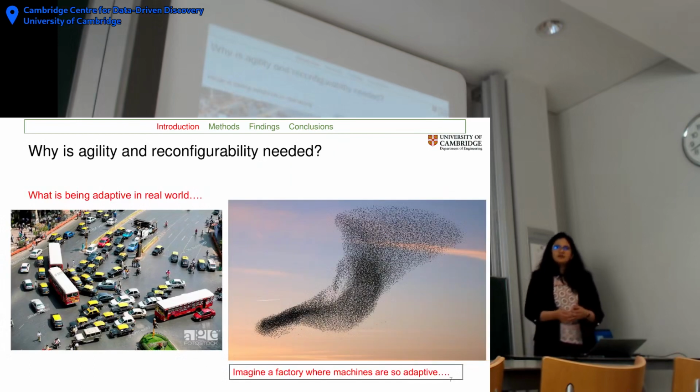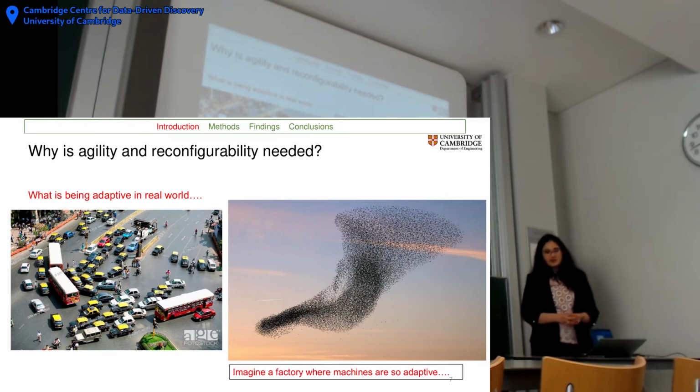Coming to the agility part of it, why do we need this sort of flexibility and preparedness for supply chain disruptions? We see that the real world is not very balanced, and it is quite chaotic, and most of these systems, such as traffic, and on the left in this picture you can see a beautiful flock of birds.